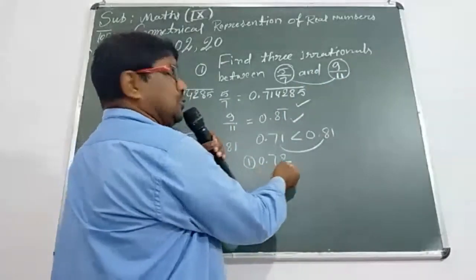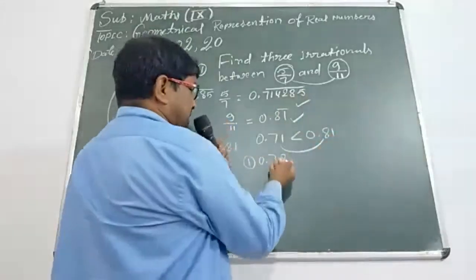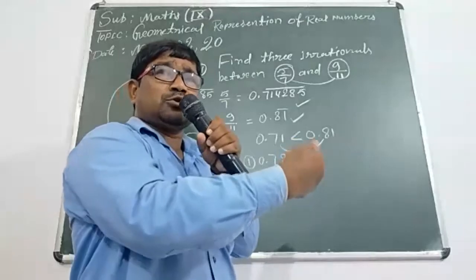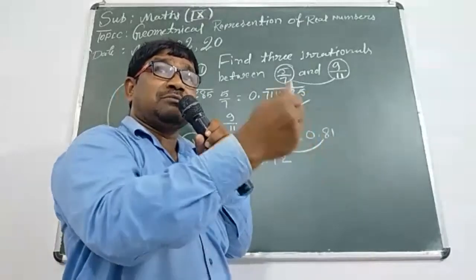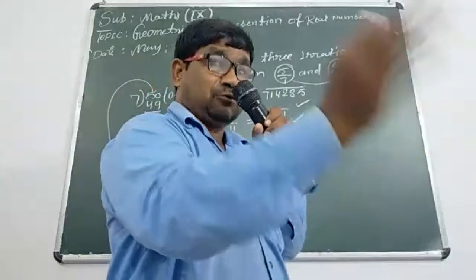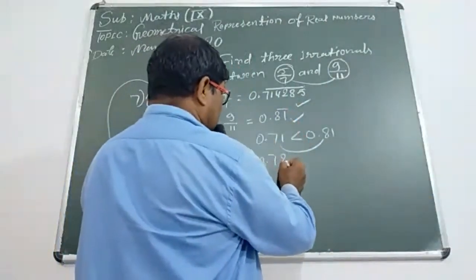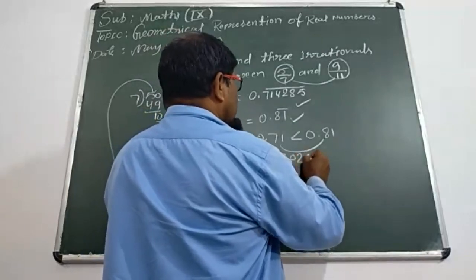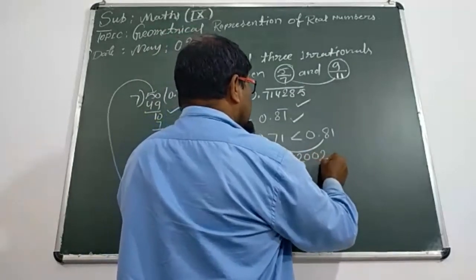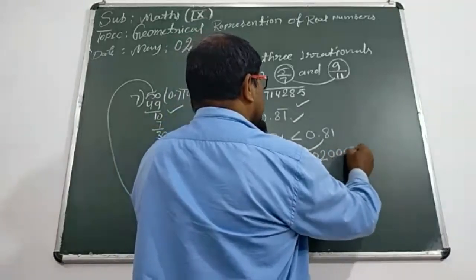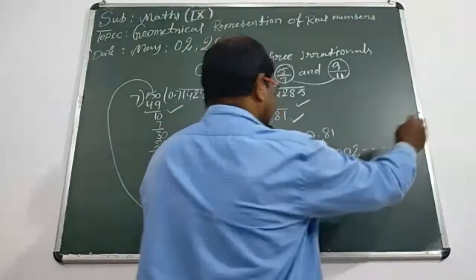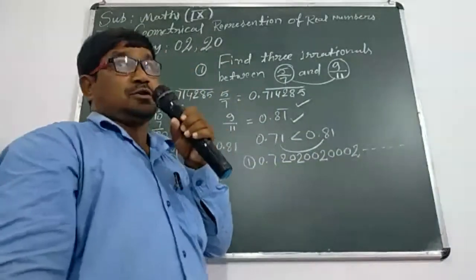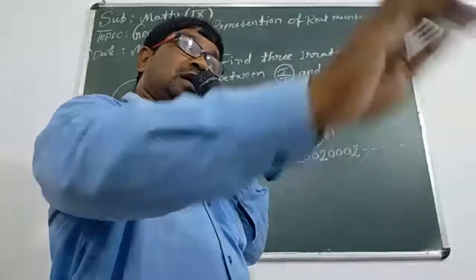So we can write 0.72, but that is a terminating decimal, so we should change it to non-terminating, non-repeating: 0.7202002 dot. Students, this type of number is called non-terminating, non-repeating.